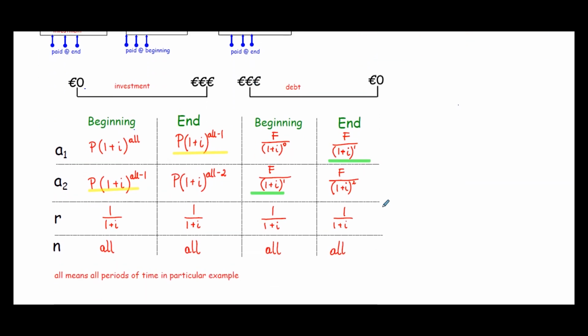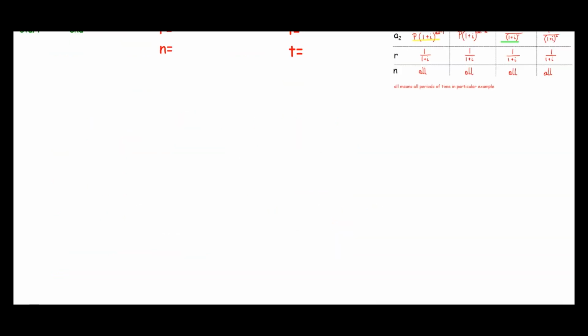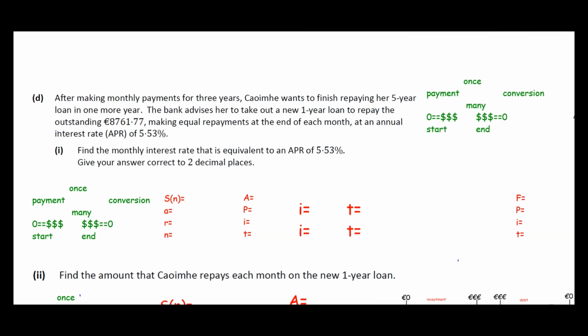And like I explained in video 2, I came up with a way of dealing with that formula that I'm hoping is easy to remember. So let's have a look at examples in this part of the video.